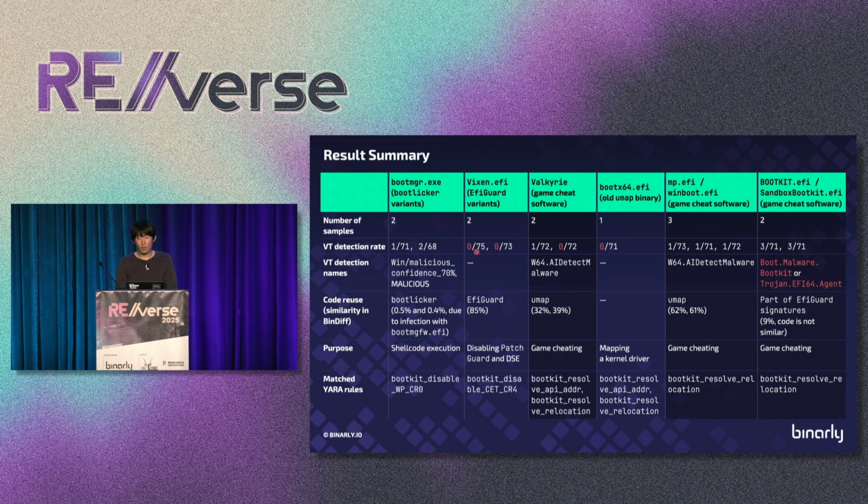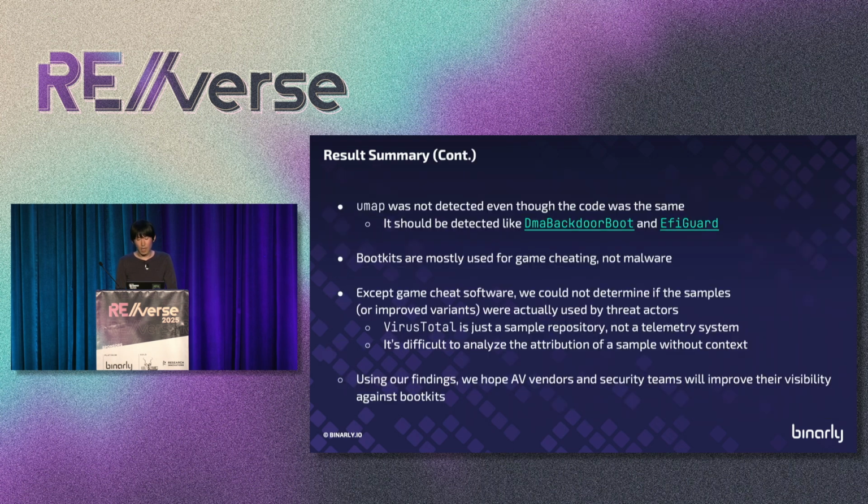Every sample, except Bootkit UEFI, reused open source code: Bootlicker, EFI Guard, and UMAP. Unlike other open source bootkits, UMAP was not detected even though the code was the same. I think it should be detected like DMA backdoor boot and EFI Guard.